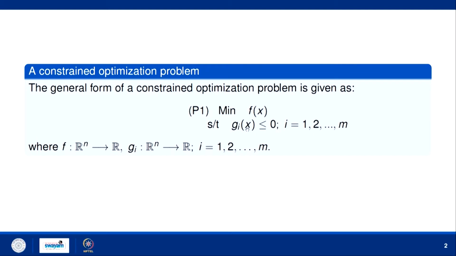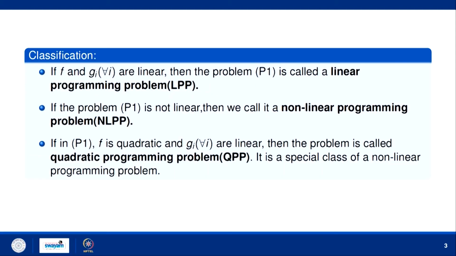If this f and all constraints are linear, then such problems are called linear programming problems. So, the first classification, the simplest one, is the linear programming problem if f and g_i for all i are linear. Now, if it is not linear, that means that the objective function or at least one of the constraints is non-linear, then such problems are called non-linear programming problems or non-linear optimization problems.